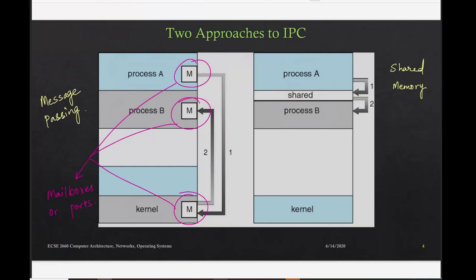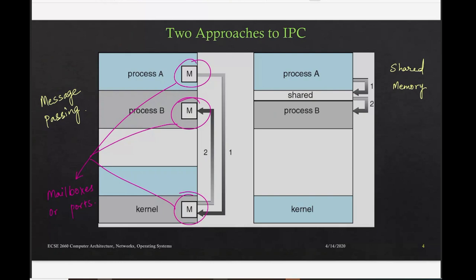So it's going to give up some of its own allocated memory for that communication to happen with another process, in this case process B, right? So this particular area is falling under process A's allocated memory. The reason is process A is initiating communication.